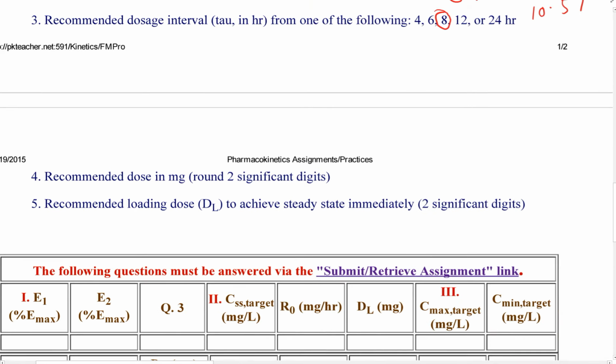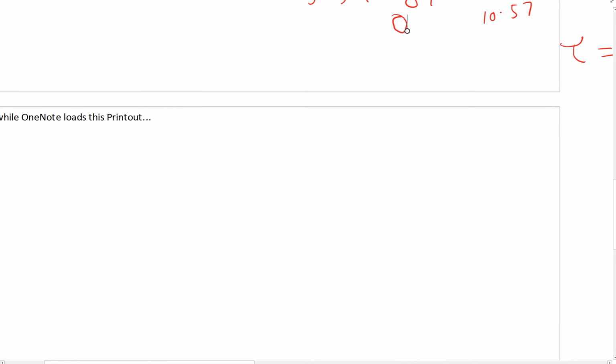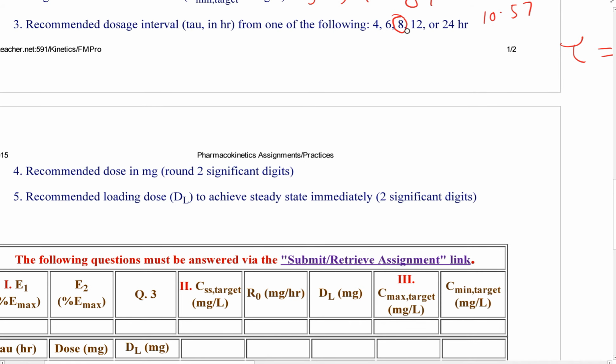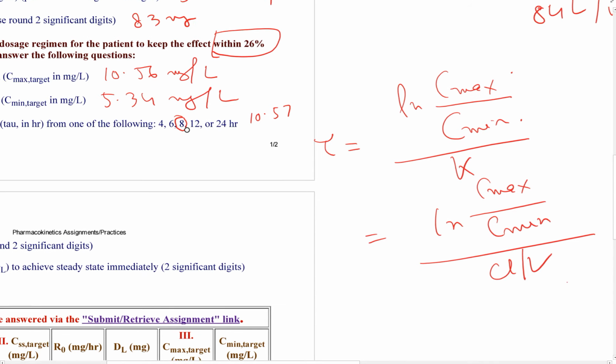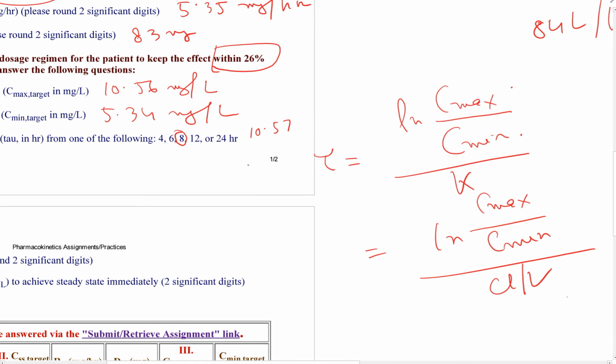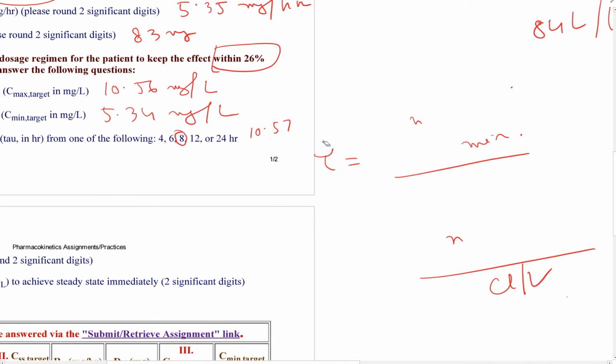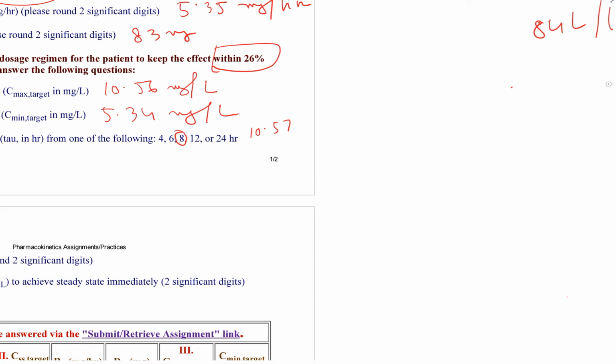Now recommended dose. To calculate dose, we have to calculate C average. If you remember, there's another equation for C average in the list of equations here.